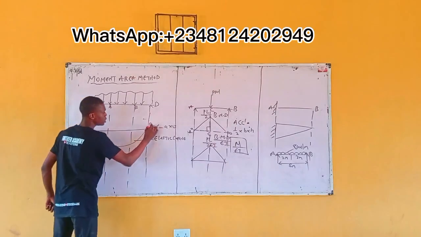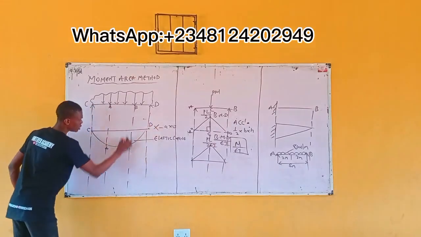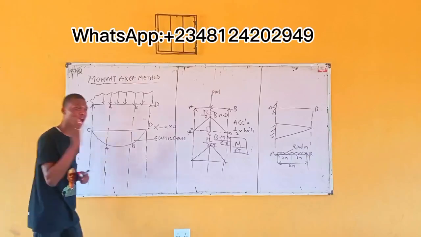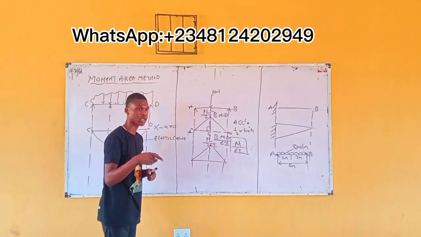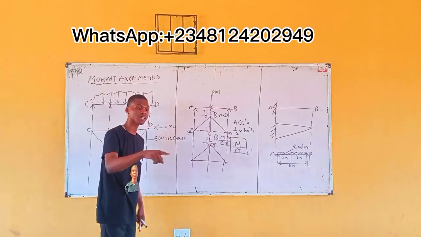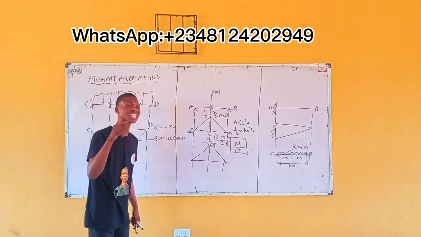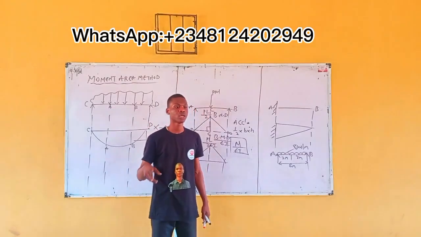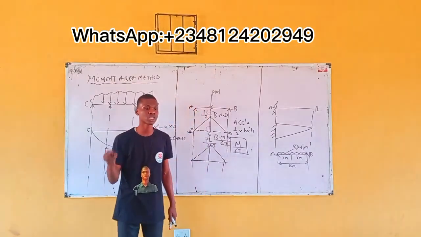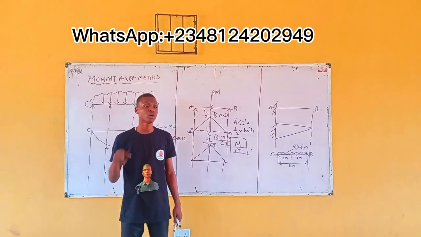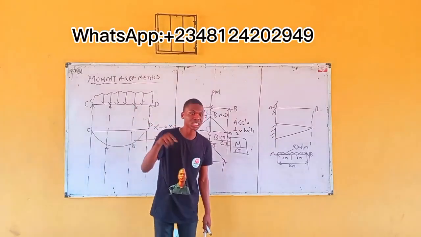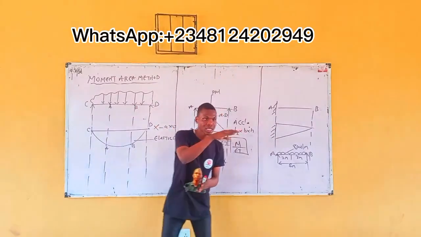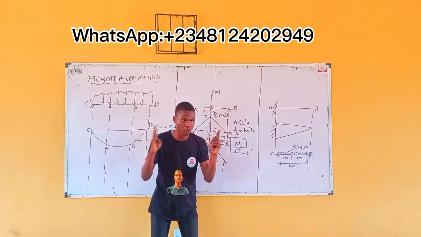This is D. This is A. This is B. The tangent, the angle measured in radian between the tangent of any 2 points on the elastic curve of a beam, meaning your slope will occur where? At the between two tangents of your point on the beam.